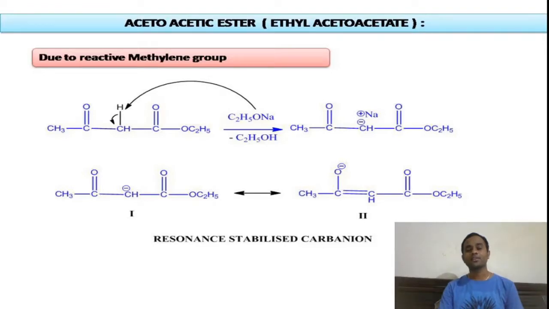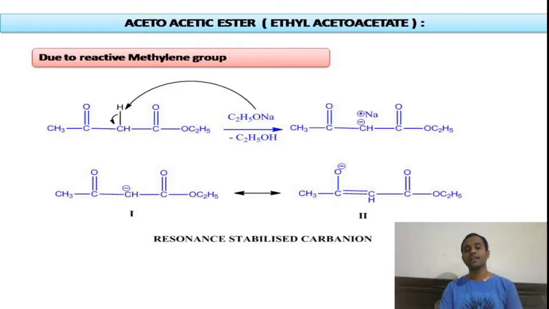The hydrogens present on this active carbon are relatively acidic. In the presence of a base, the hydrogen atom on the active carbon easily loses its H plus ion to form a carbanion, right? This formed carbanion is resonance stabilized. You can see in the resonance structures the carbanion is involved in resonance with the adjacent withdrawing groups, thereby the carbanion is resonance stabilized.